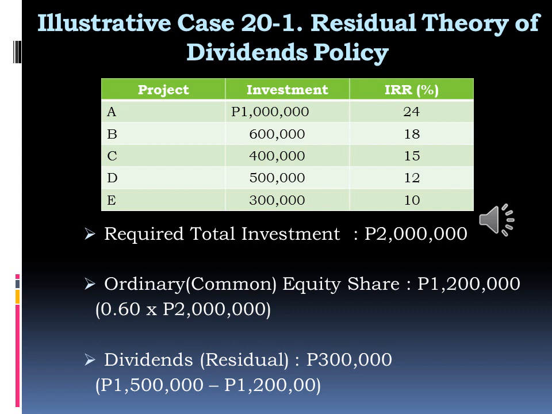And if the dividends are treated as residual, the firm would pay 300,000 pesos in dividends to maintain its optimal capital structure. This 300,000 pesos came from the total earnings available to ordinary equity, which is expected for the coming year, the 1,500,000 pesos minus the ordinary equity share of 1,200,000 pesos.